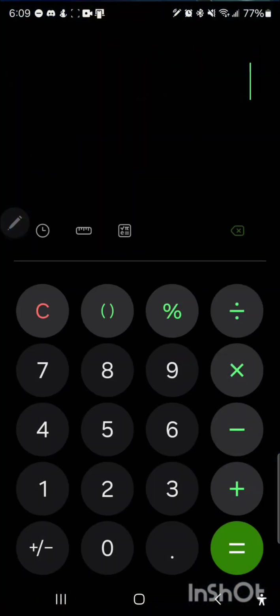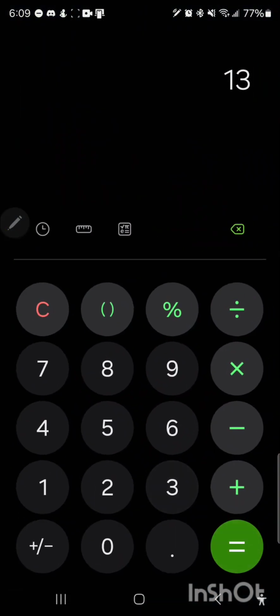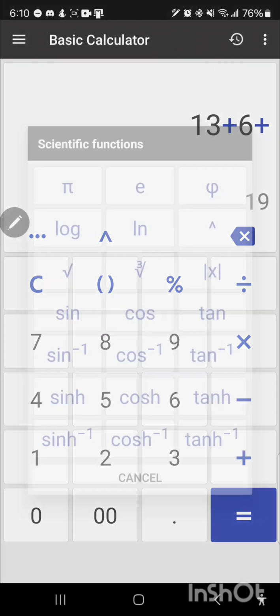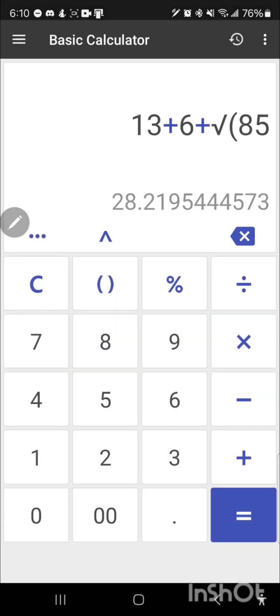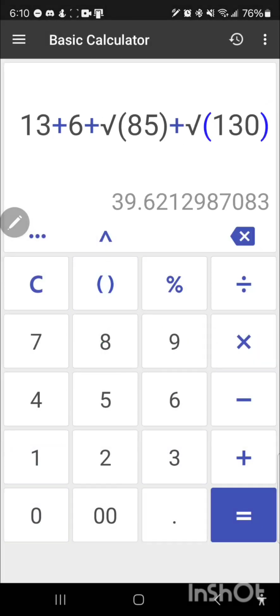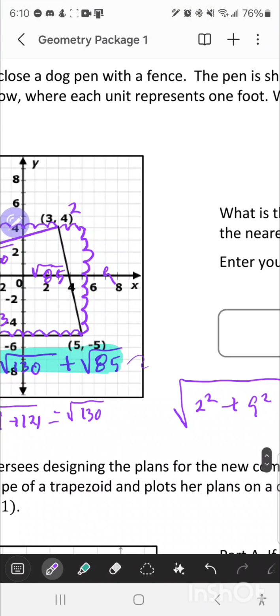So we go to our calculator: 13 plus 6 plus the square root of 85 plus the square root of 130. And we get approximately 39.6.